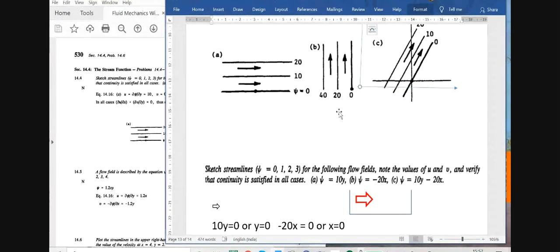Psi is equal to minus 10y indicates what? How can you say? In the first case, the flow is taking place from left to right. And in the second problem, I have shown that the flow is taking place vertically upwards in the positive y direction.